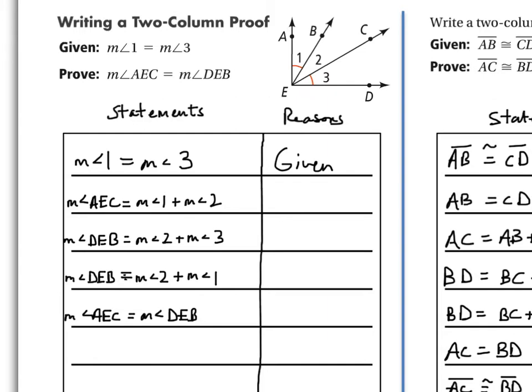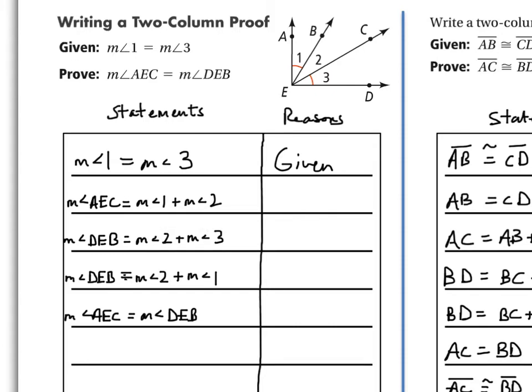Now what we have to figure out is where they're coming up with these statements and what the reason is. The first statement says the measure of angle AEC is equal to the measure of angle 1 plus the measure of angle 2.